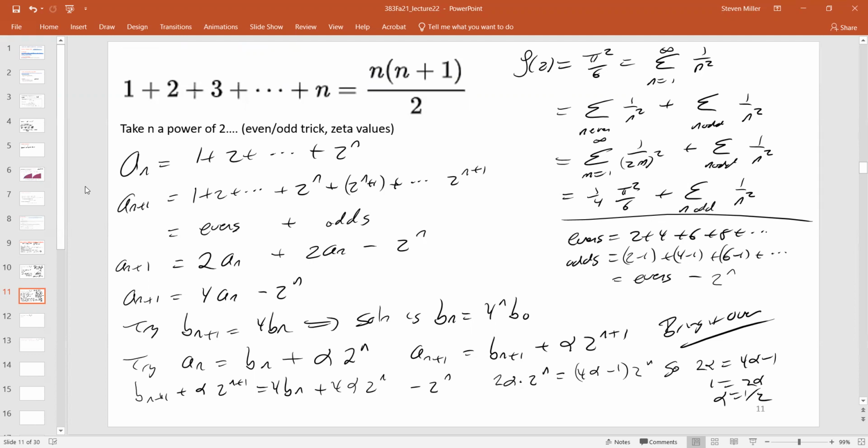So if I take alpha equals 1/2, then I'm left with just bn plus 1 equals 4bn. Oh, that's what we want. So we then get an equals 4 to the n b0 plus 1/2 2 to the n.